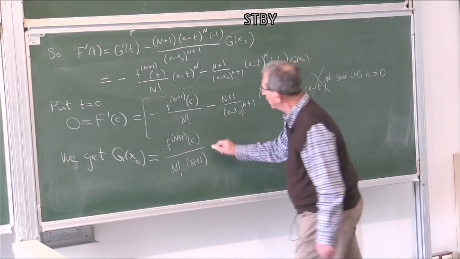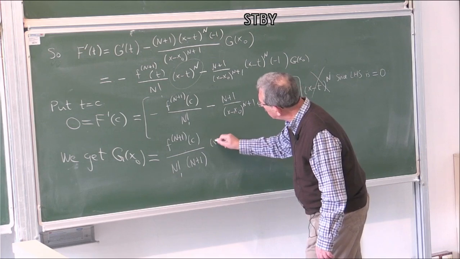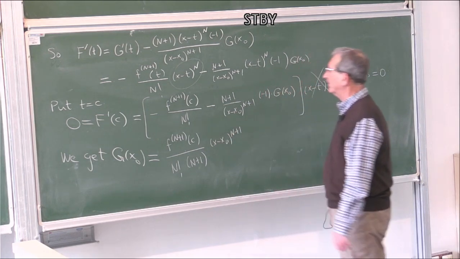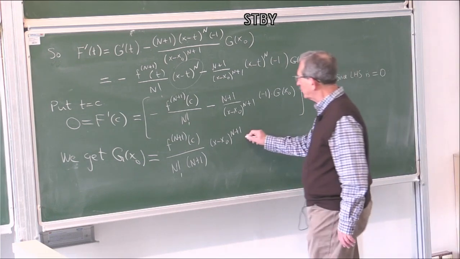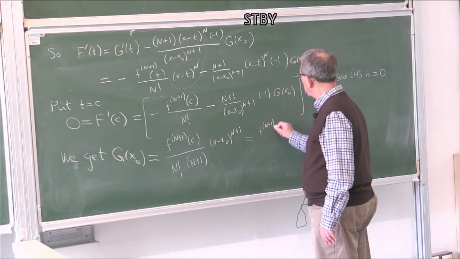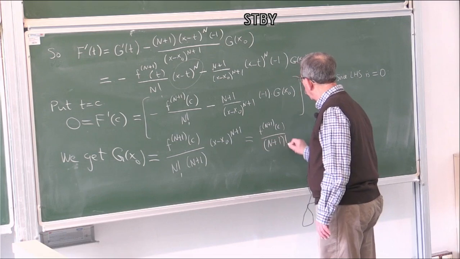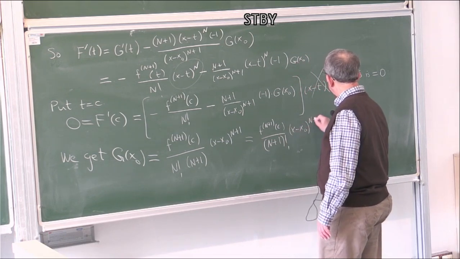We get this, and of course, putting this on the other side, we get this, which of course is f of n plus 1 at c over (n plus 1) factorial times (x minus x0) to the power n plus 1.